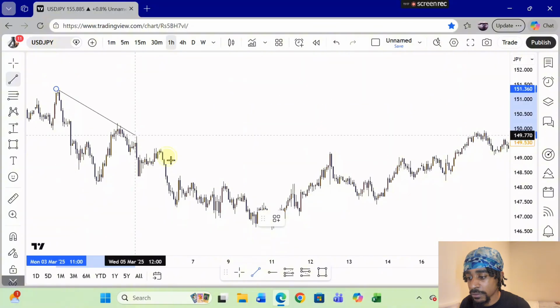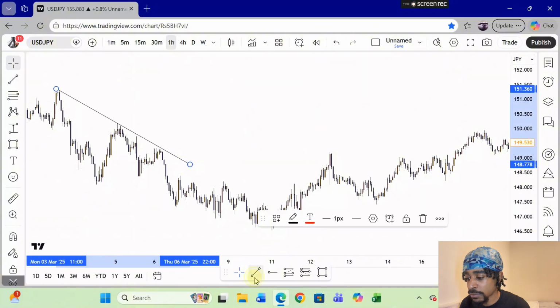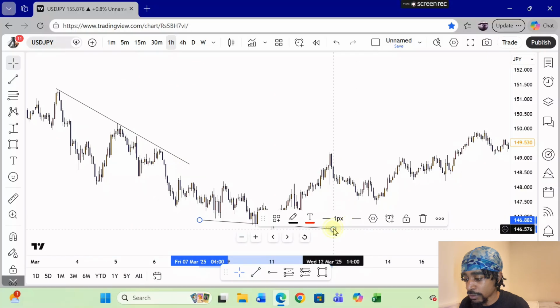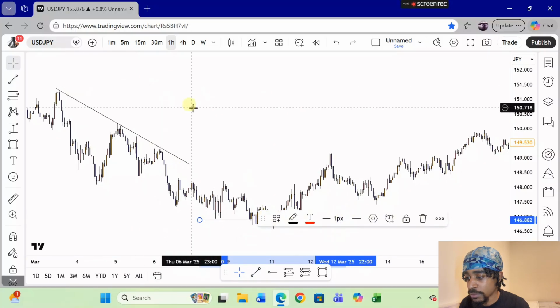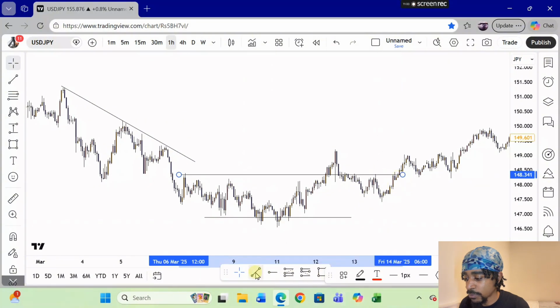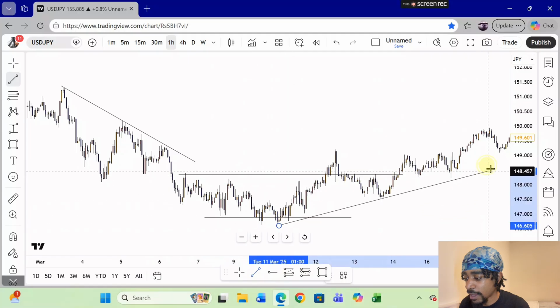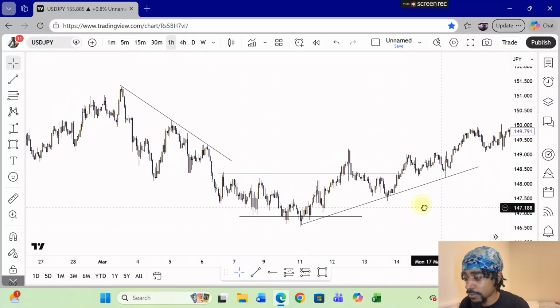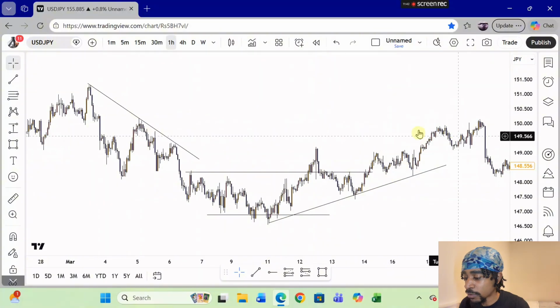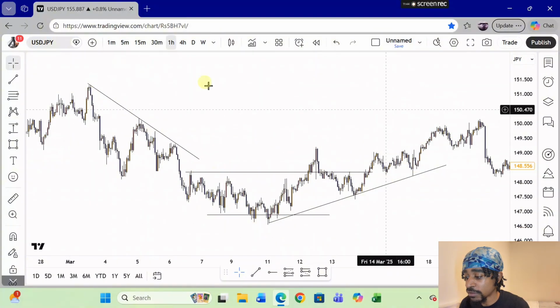We have lower lows and lower highs. We have a period of consolidation. This is getting a little bit messy. And then we have higher highs and higher lows, for you guys to see that all the market conditions is in this period right here.